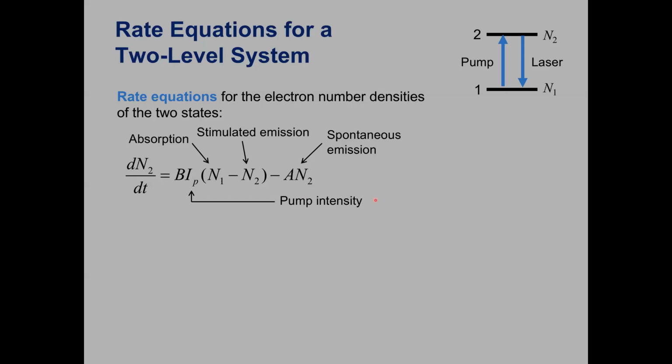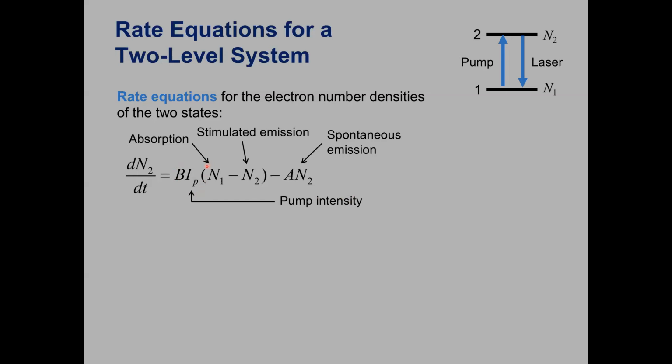And here, all of these quantities are going to be proportional to the intensity of what we call our pump beam, meaning the beam or the light source that is pumping all the energy into the system. So I_P is, if you want to think of it, the energy of that flash lamp, or it might be another laser that we're hitting, as in the photograph on the first slide.